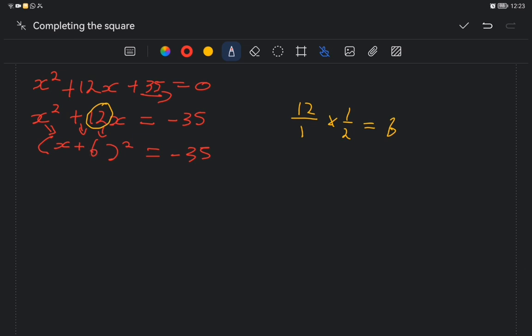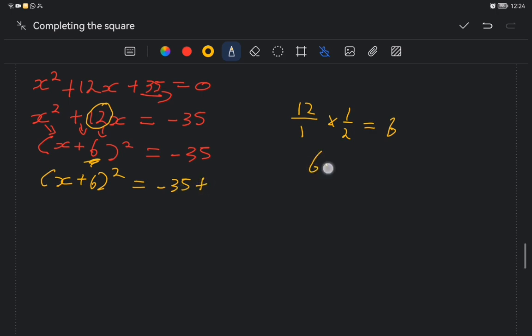Because we've introduced this foreign number, which wasn't in the original expression, we need to account for it on the right hand side, because what we do on the left we must do on the right. We must take the positive 6 squared to the right hand side. So we have x plus 6 all squared is equivalent to negative 35.